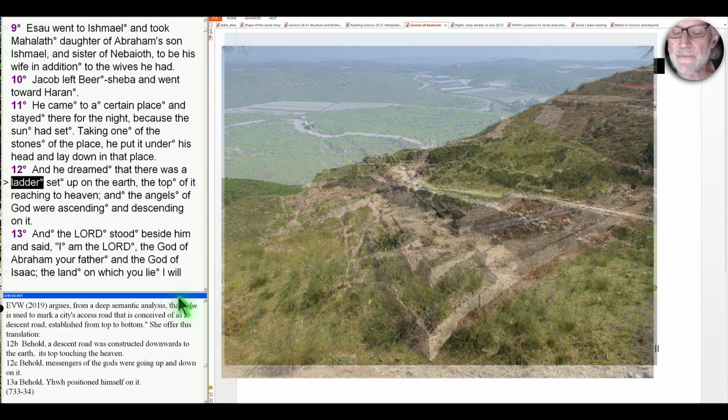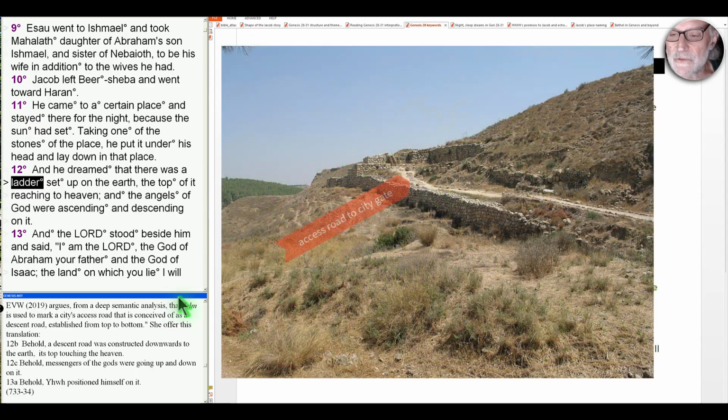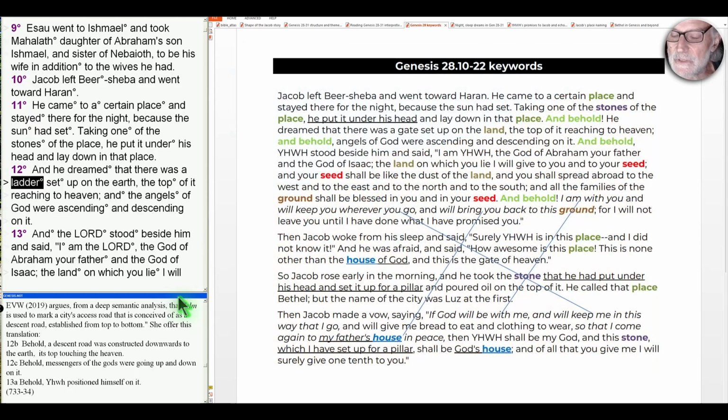And you can see from this archaeological scene that what you're looking at here is the ascent road up to the city. And so a great possibility of what we're seeing here in this story, and especially in the second part of it that we'll look at next time around Josiah and Bethel, is that what's being contrasted is the ascent road up to Jerusalem and the idea that that's the place where Yahweh is, or this ascent road up to the sky, for a God whose messengers come up and down, move easily between the sky above, like in Genesis 1, when God is above the rakia, the dome, but also in the garden where you can hear the footsteps.